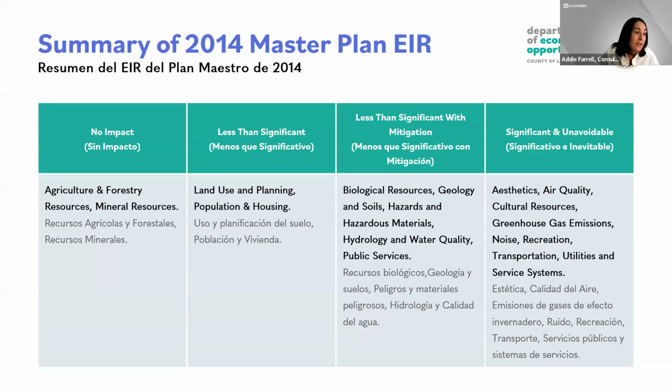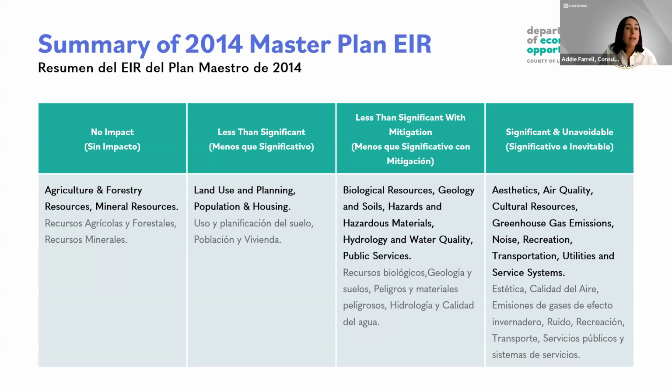But essentially, it concluded no significant environmental impacts for agriculture and mineral resources, and less than significant impacts related to land use and population and housing. And then a series of mitigation measures were identified for biological resources, geology, hazards, water quality, and public services that reduced those environmental effects to a less than significant level.